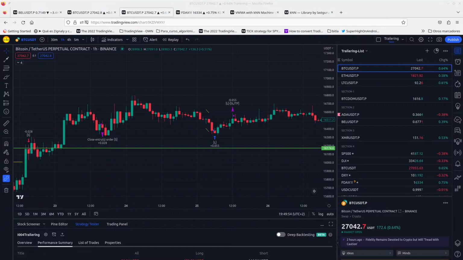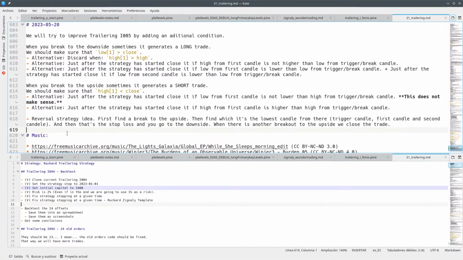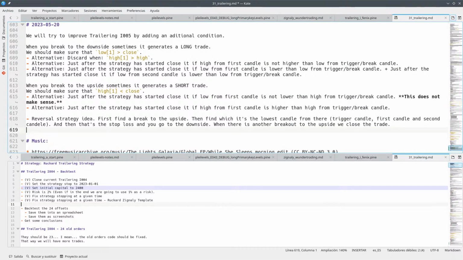We need to know a new name for this, by the way. So this is trailering. So new strategy.